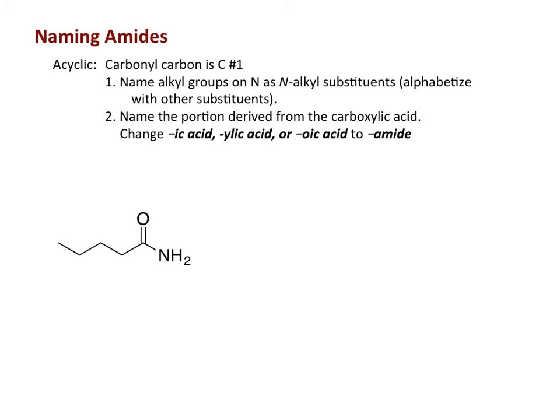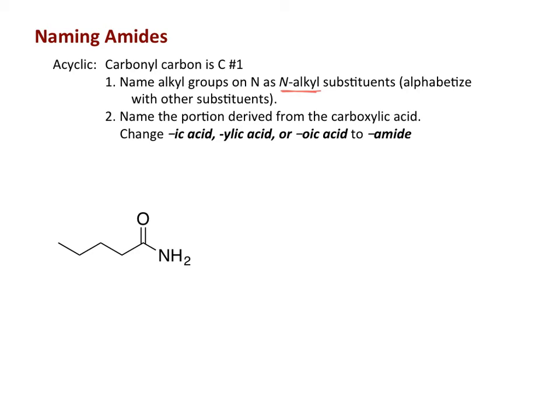Okay, so amides can be just a little bit more complicated because on the nitrogen we can have the potential for 2 different R groups being attached. But what we're going to do is just name those, if there are any, as N-alkyl substituents, then just alphabetize them with your other substituents.